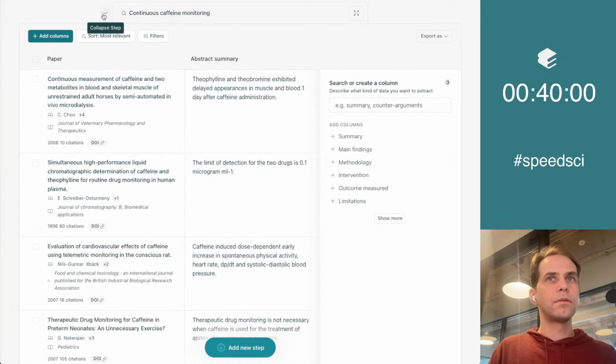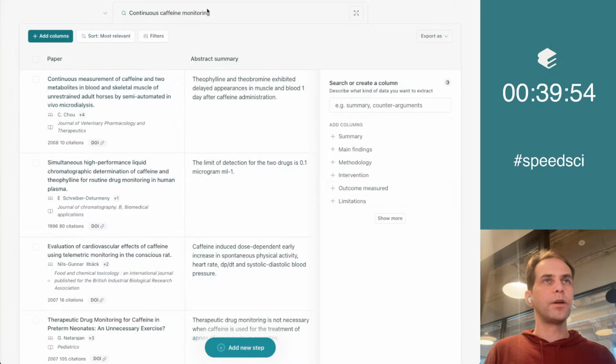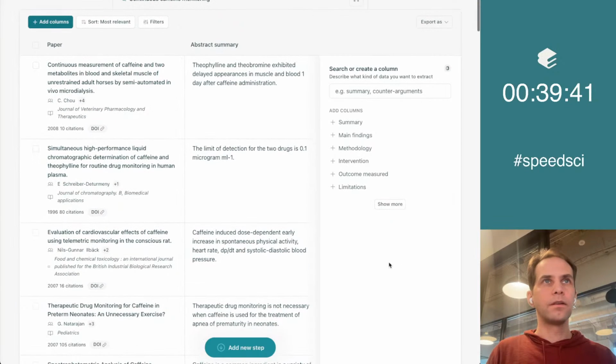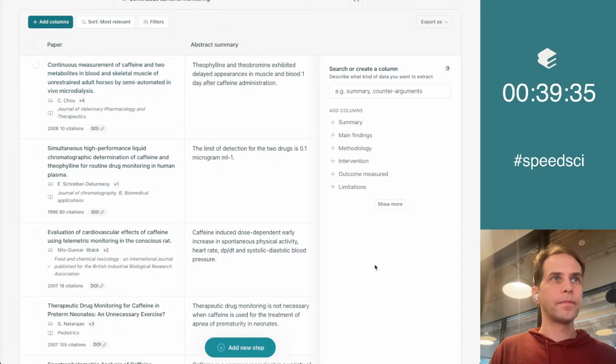So my take is, after about 5 minutes of looking into this, that probably there isn't direct work on continuous caffeine monitoring for humans. The most relevant thing I quickly found is this work on horses, and we might want to find the full text of this document later.